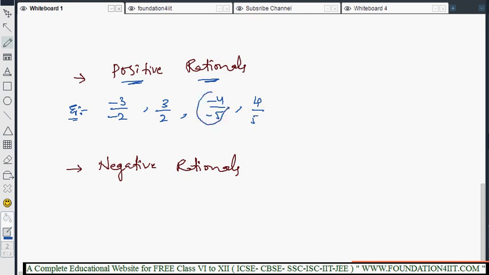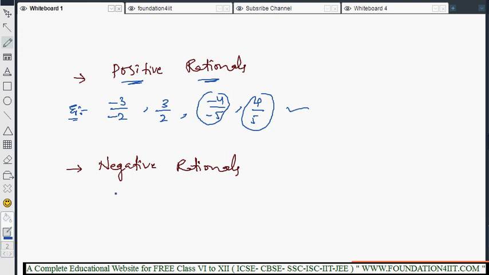These are all positive rationals, because the final result is positive.